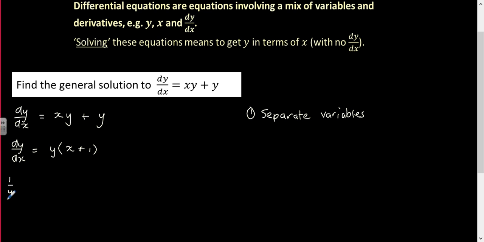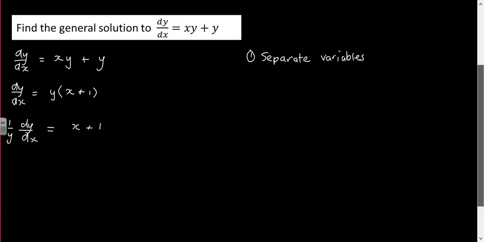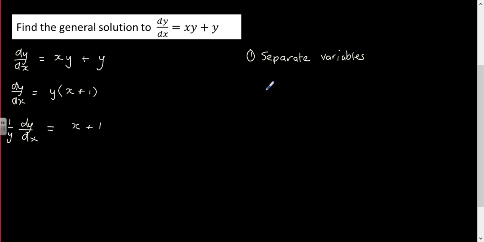So I've got 1 over y times dy by dx, and that's equal to x plus 1. Brilliant. So we've achieved what we set out to do. We've separated the variables. The second step is we are going to integrate with respect to x.